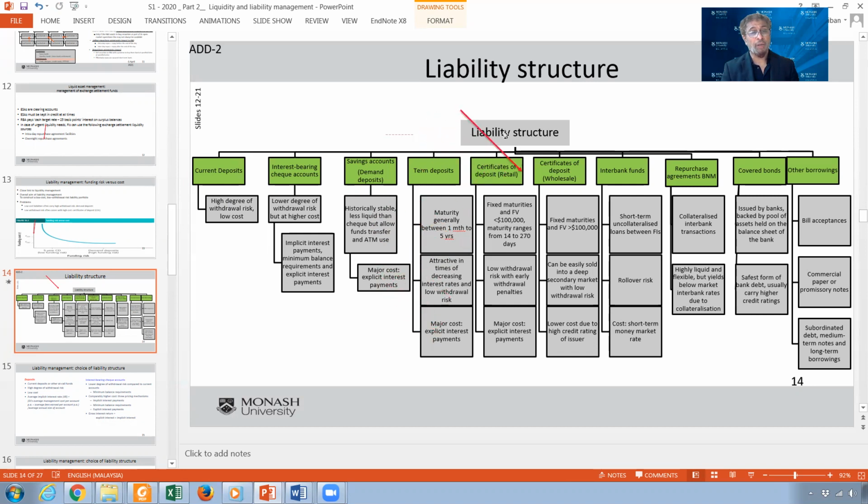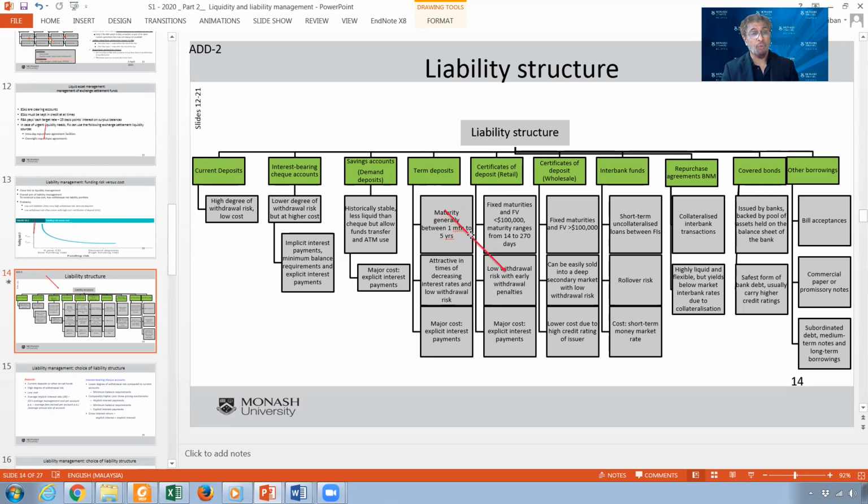Certificate of deposit, we have two types. We have retail. This is very good in terms of withdrawal. There is no withdrawal, actually. They have fixed maturities, and the face value could be less than 100,000. These are the retail ones. They have low withdrawal. As I told you, you can withdraw before 1 year if it is for 1 year, and it can take from 14 to 270 days.